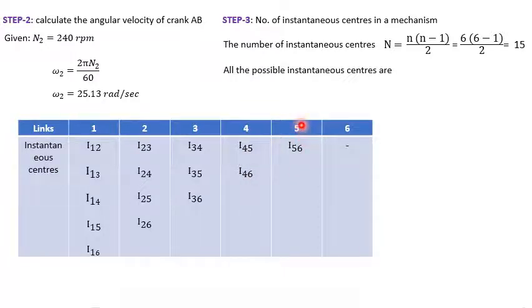For the link number 5 we have only one adjacent link 6, therefore the combination of these two links gives I56. For the link number 6 we don't have any connected instantaneous centers because adjacent to it we don't have any links. So like this we can identify the number of possible instantaneous centers for the given mechanism.